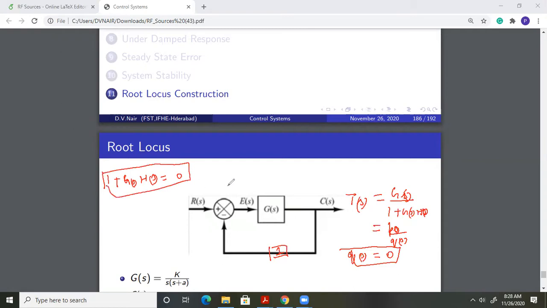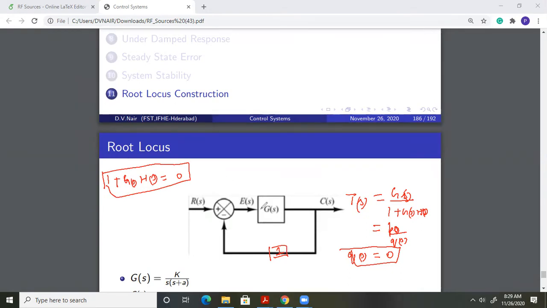Now, one of the parameters is normally the system gain K. So how can I bring that K also here?